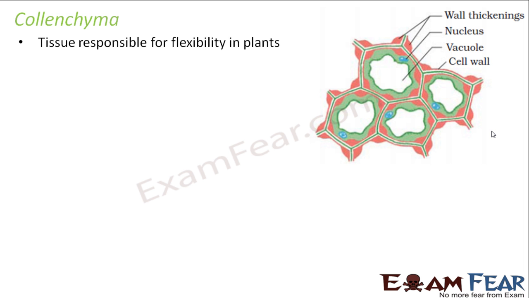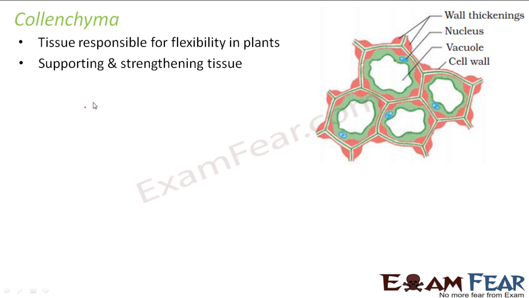So how does the structure of this tissue look? It looks something like this, where it is a supporting and strengthening tissue. Obviously it provides support because it allows the plant to bend, but at the same time doesn't break it. It has elongated living cells. In parenchyma, the tissue was mainly a packing tissue, right?